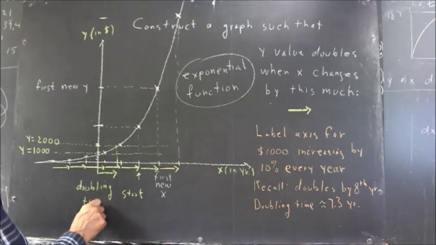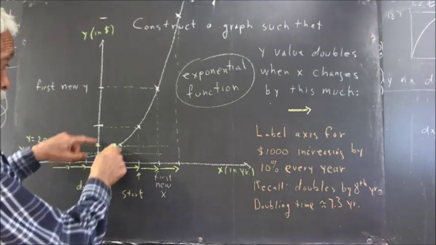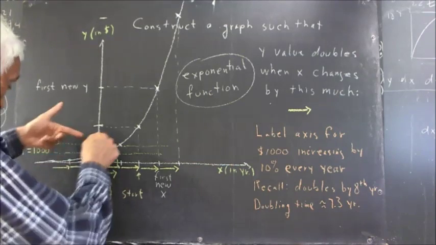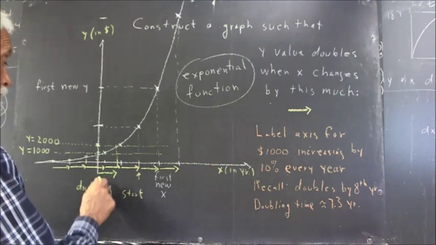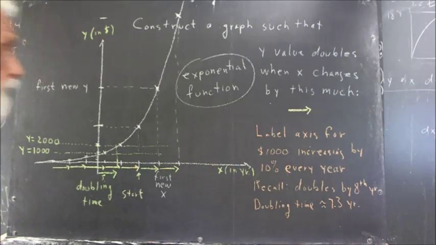There's the doubling time, because between here, which is at x equals 0, and here, the y value has doubled. So this arrow indicates the doubling time. So that's kind of good.